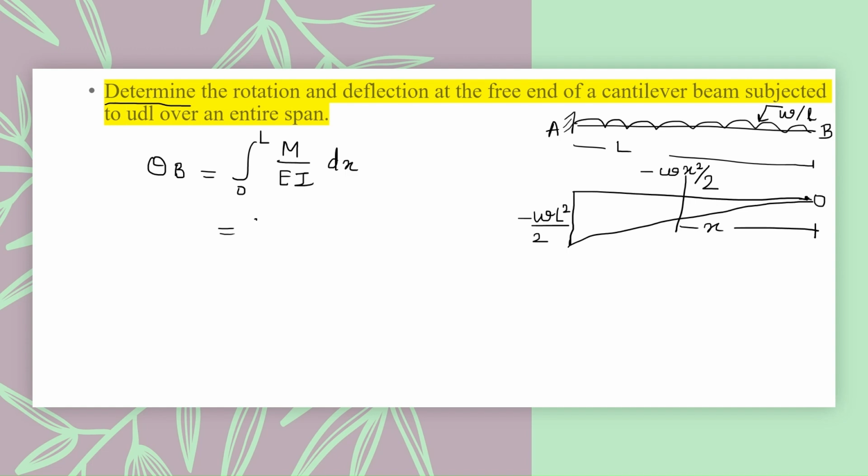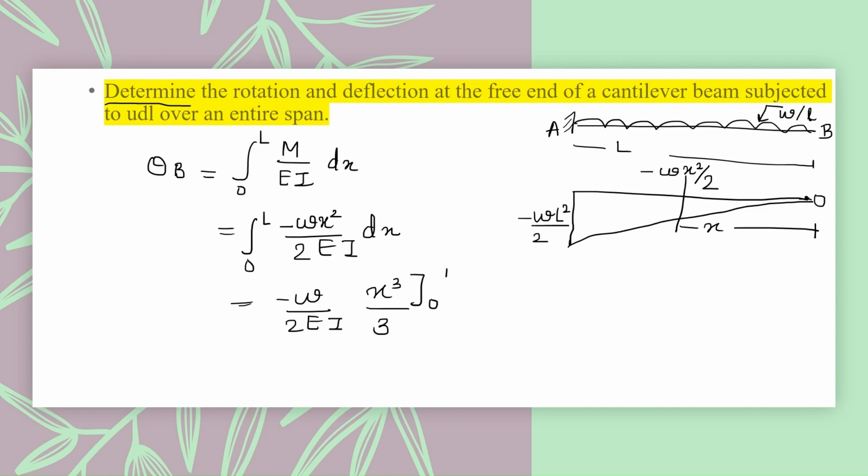Here M is minus wx square divided by 2EI into dx. Minus w divided by 2EI, integral x square is x cube by 3 within the limit 0 to L, and our equation becomes minus wL cube divided by 6EI. This is the rotation at the free end.